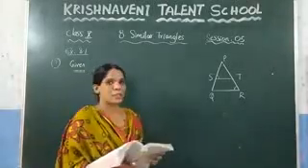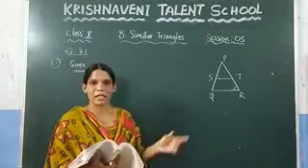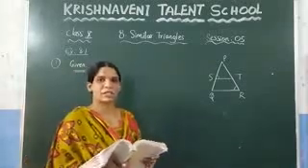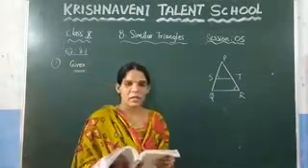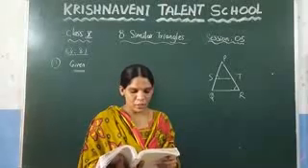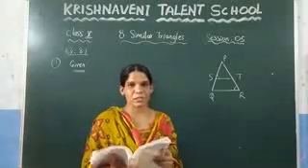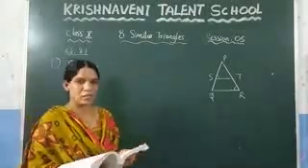So what is meant by an isosceles triangle? You know that in a triangle, if two angles are equal, we call it an isosceles triangle. Now we need to prove that this triangle is an isosceles triangle. First, write what they have given in the question.